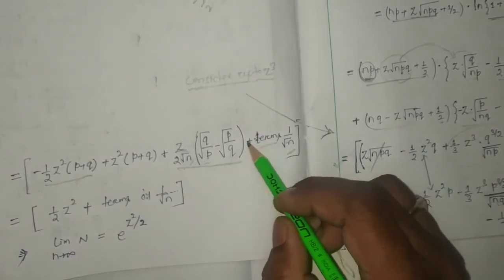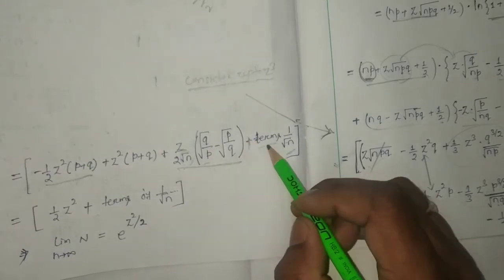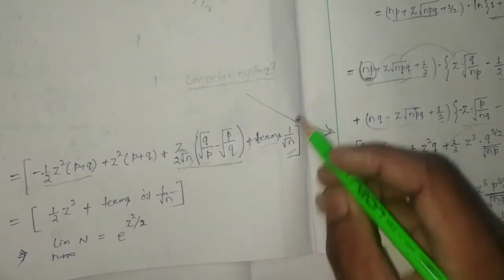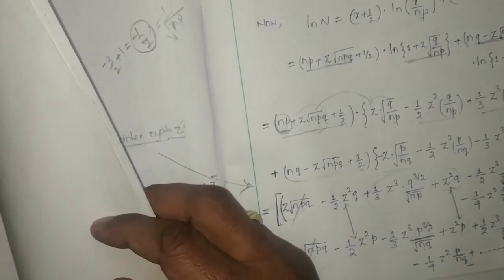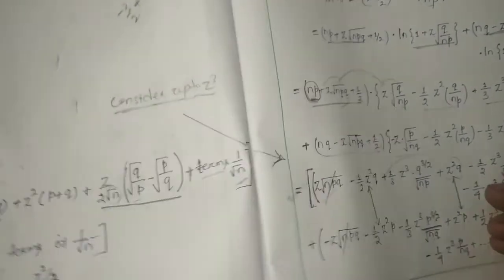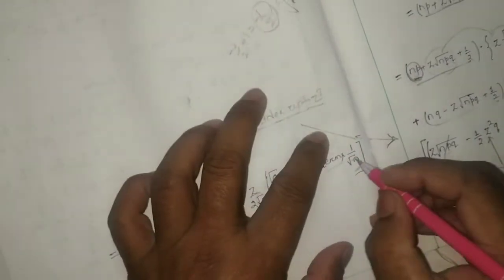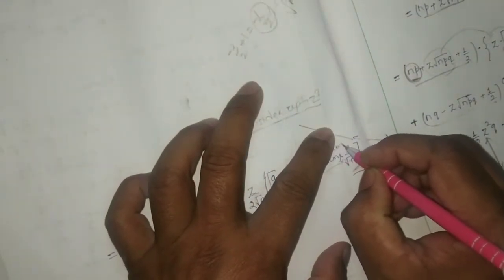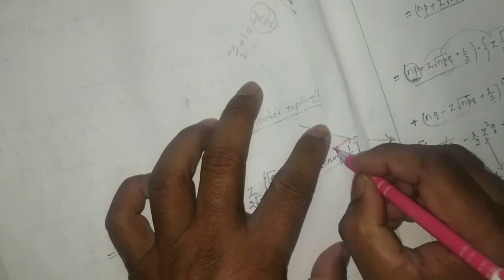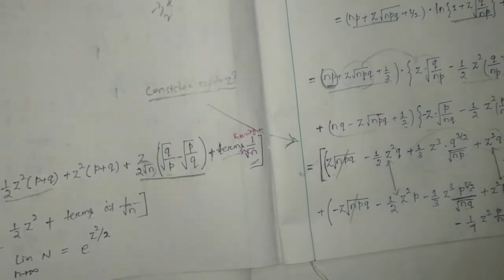So in general I have written plus terms having 1 by root over of n. You just write terms having 1 by root over of n. Okay, terms having 1 by root over of n.